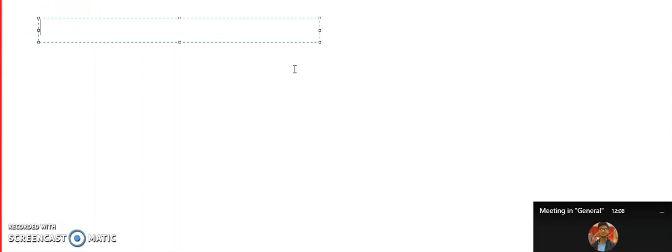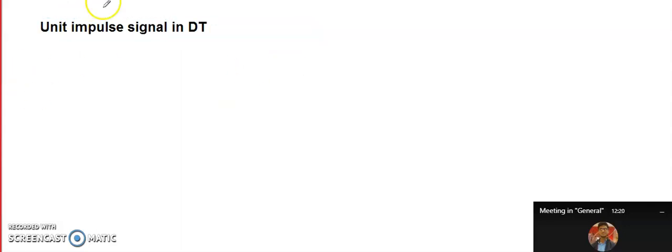Similarly, we have defined unit impulse in discrete time domain. How did we define it in discrete time domain? It was delta n.